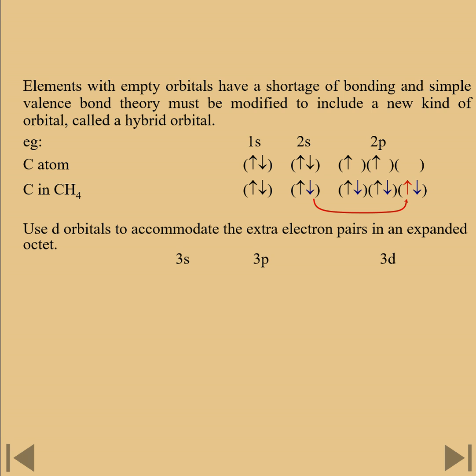Now, eventually, we may even bring in the d orbitals. Whenever we're dealing with an expanded octet, where are those additional electrons going to go? Well, let's look at the phosphorus atom. Here's the orbital box diagram for a neutral phosphorus atom, meaning it's all by itself.